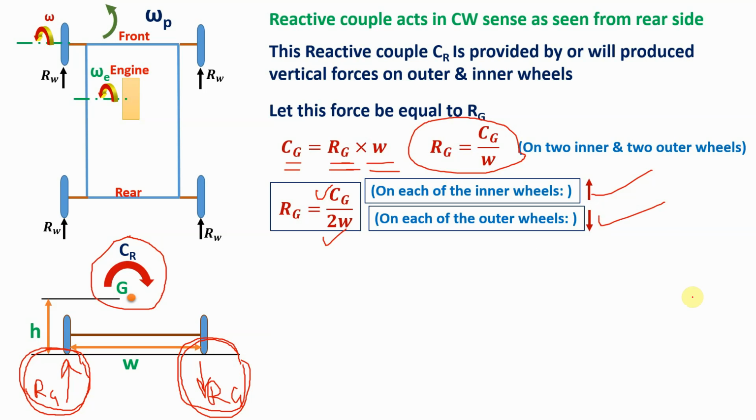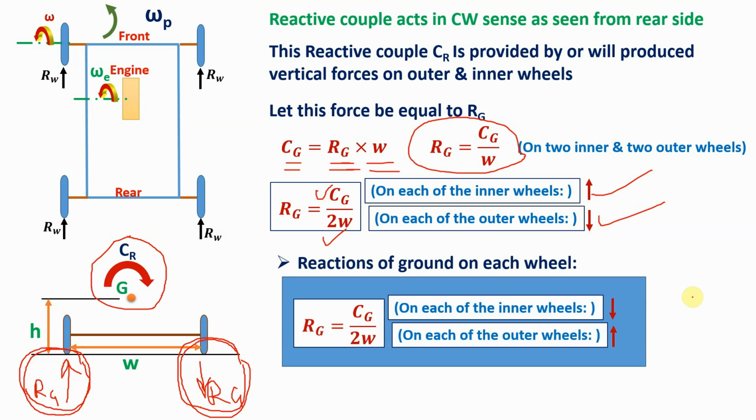Now these are the reactions or forces exerted by each of the wheels on the ground surface. Now the ground surface will exert equal and opposite reactions on the wheels. So reactions of ground on each of the wheels will be same in magnitude but opposite in direction. Okay.